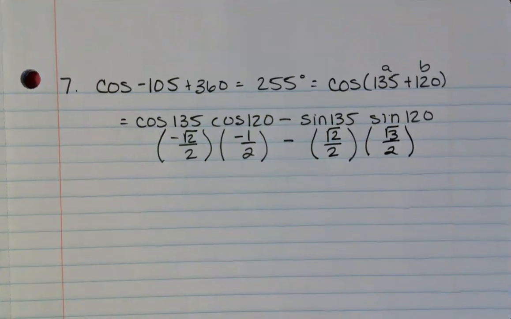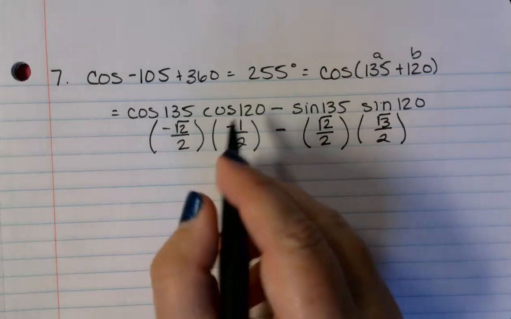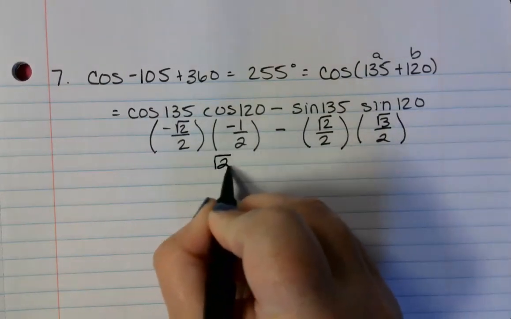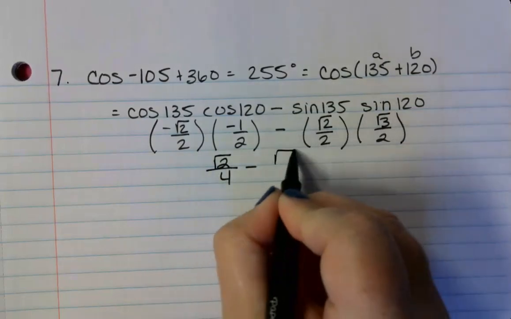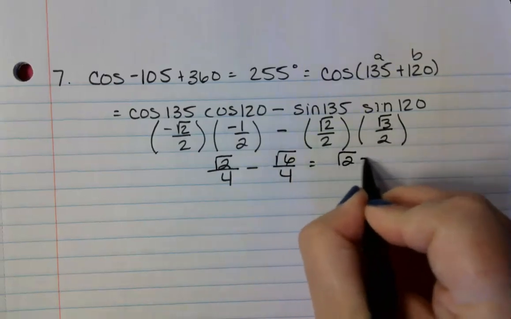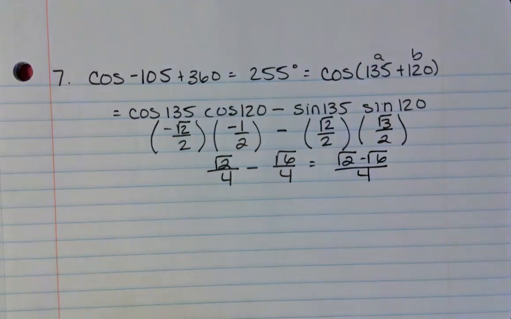Again, we're going to get very similar answers because there's only a few numbers on this unit circle. So a negative times a negative is a positive over 4. Multiply this, we get negative square root of 6 over 4. And the best I can do is this.